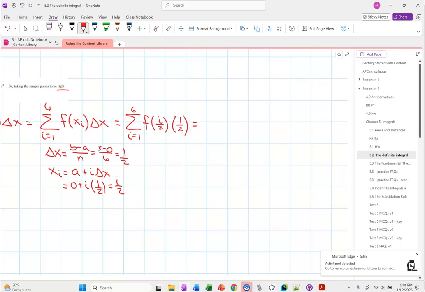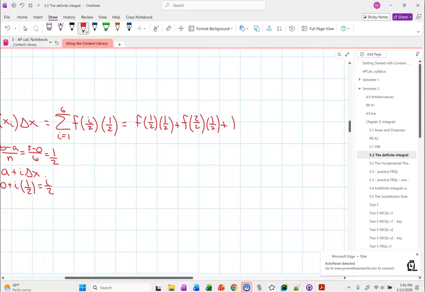Okay. So now I'm just going to expand this out. When i equals 1, I have f of 1/2 times 1/2. When i equals 2, I'm going to have f of 2 over 2 times 1/2. When i equals 3, I'm going to have f of 3/2 times 1/2. You guys see the pattern that's happening here and how I'm doing this, or no?